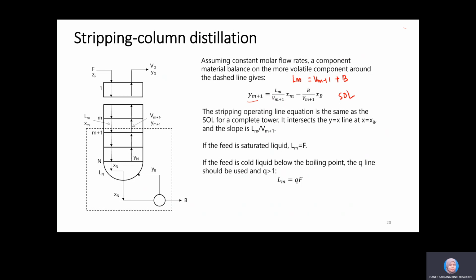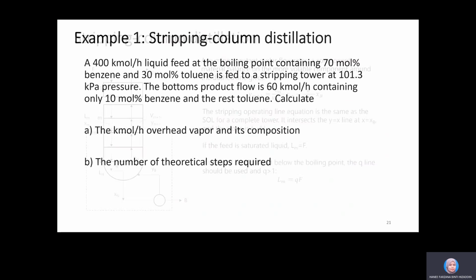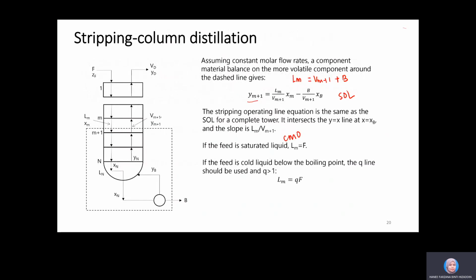If the feed is a saturated liquid and assuming constant molar overflow, CMO, then Lm equals F. But if the feed is a cold liquid below the boiling point, then the q line should be used, and when q is greater than 1, Lm will be greater than the liquid feed because some of the vapor will be condensed.